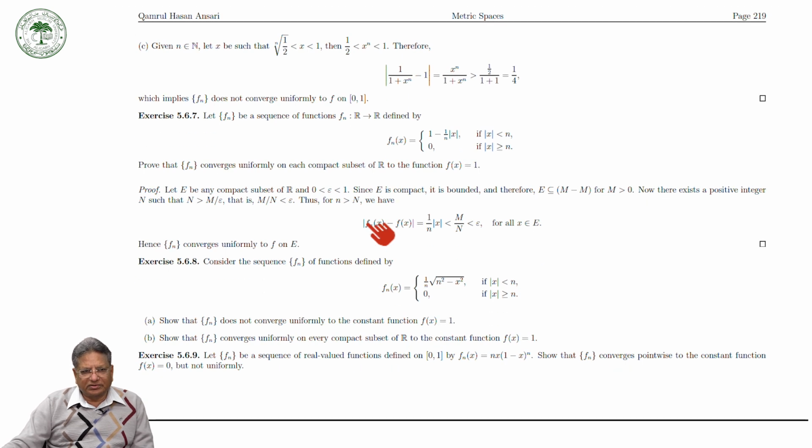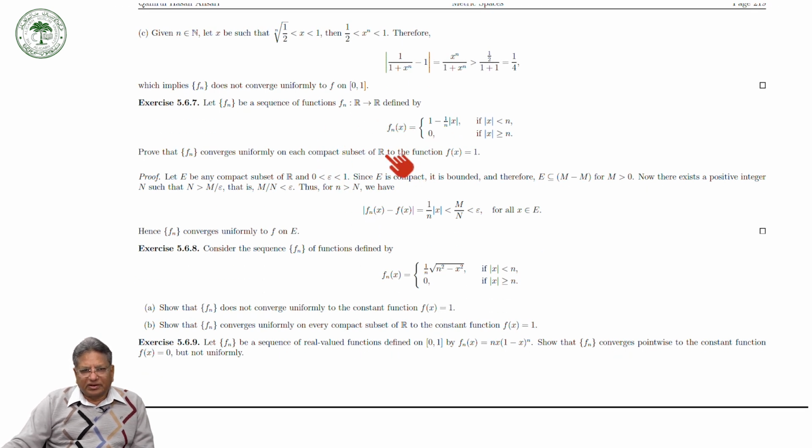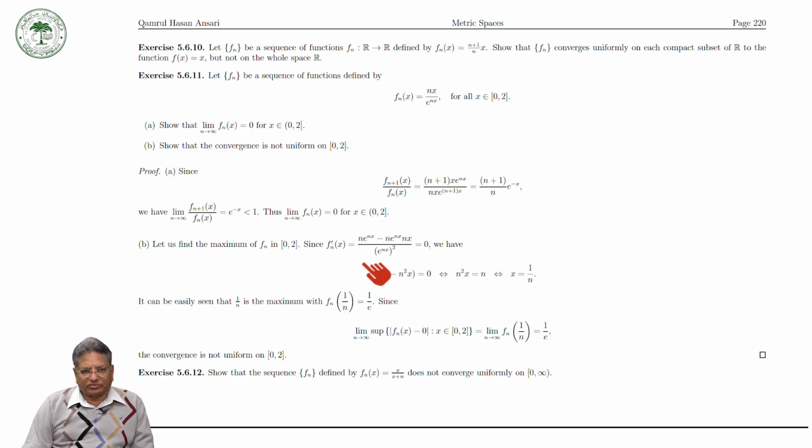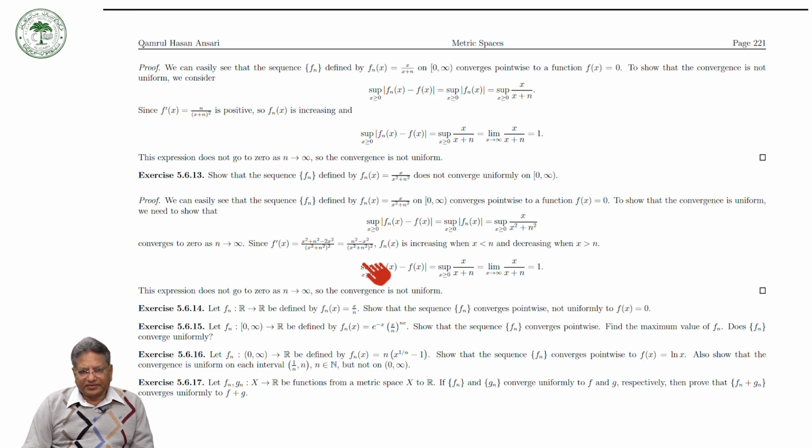Again you have several exercises, and their proofs are also given. This is also an exercise with proof. These are several exercises with proof. Show that the sequence Fn defined by this does not converge uniformly on this one.